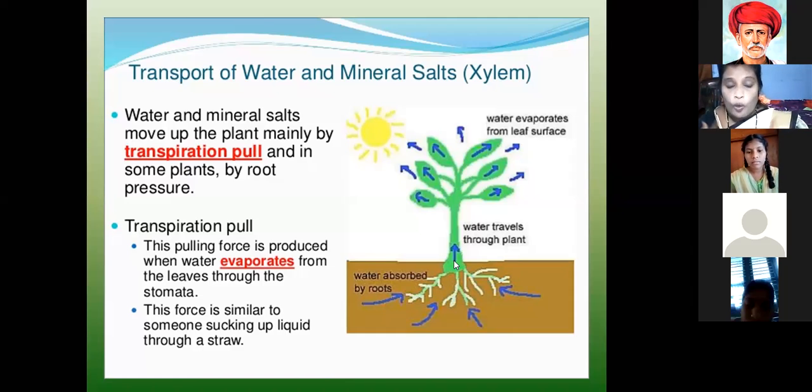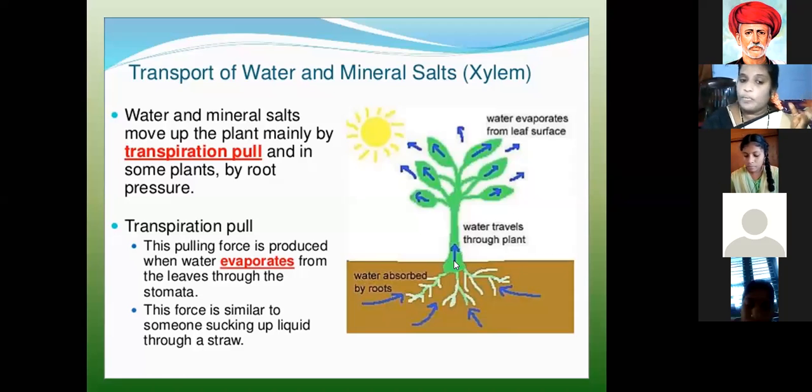Next, water and mineral salt move up the plant mainly by transpiration pull, and in some plants by root pressure. Inside the root there are low and high pressures, because of environmental conditions. The water and minerals are absorbed from the soil, and you can pull. Pull means you move forward, that means you transport to the remaining parts. Okay.